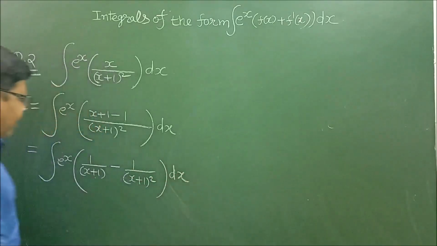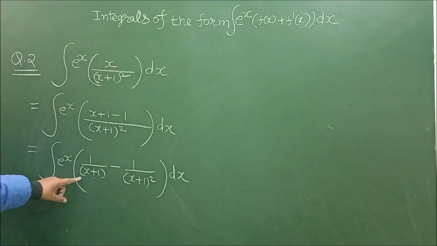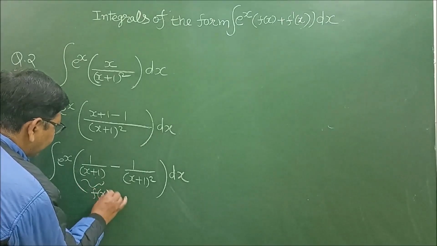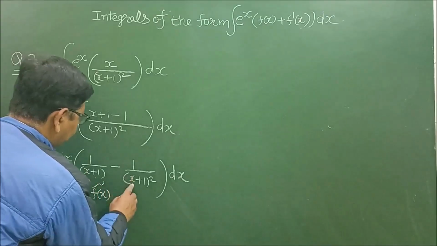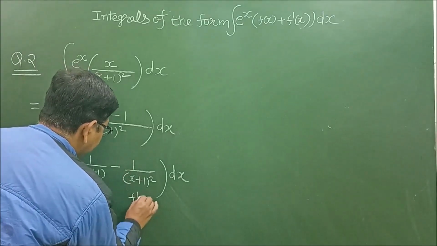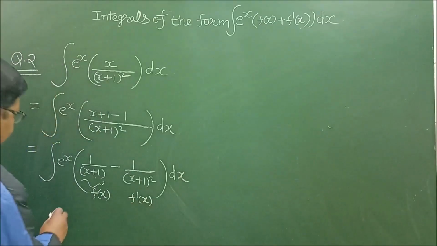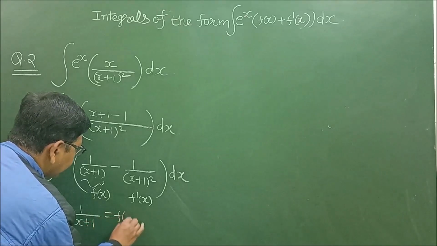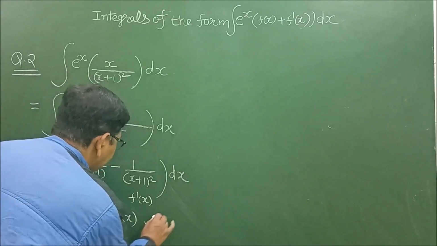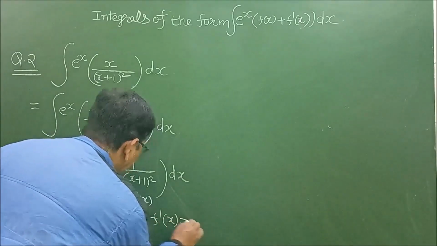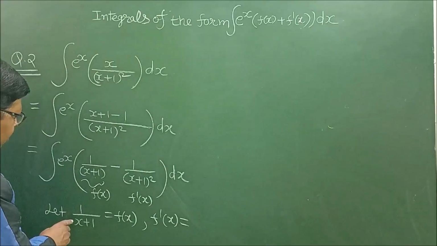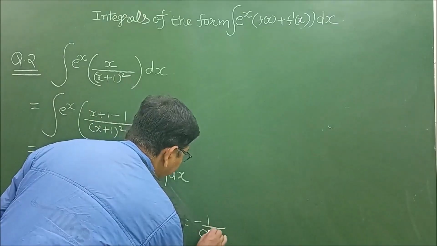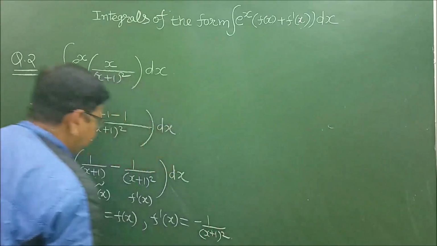और अब हम अगर इसे कंपेयर करें अपने स्टैंडर्ड फॉर्म से, सो दिस कैन बी टेकन एज f(x), और इस फंक्शन का डेरिवेटिव, 1 over x + 1, derivative is here −1/(x + 1)². So now if let 1/(x + 1) is equal to f(x), then the derivative of this function is f'(x) is equal to derivative of 1/t is −1/t². So we can take this is equal to −1/(x + 1)².